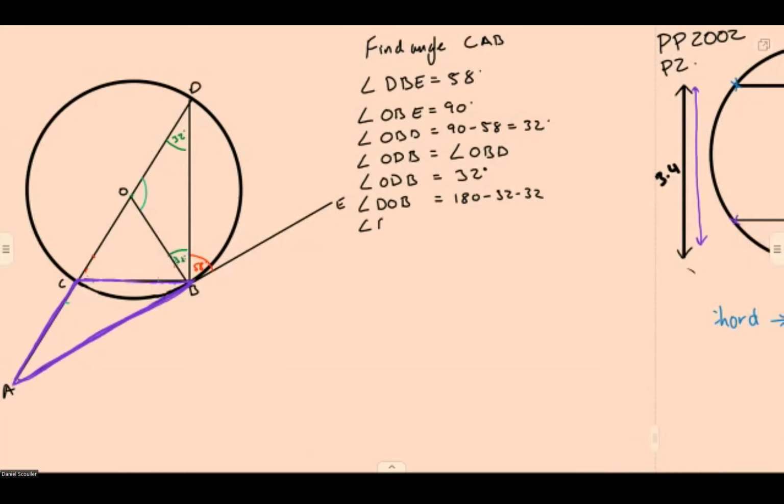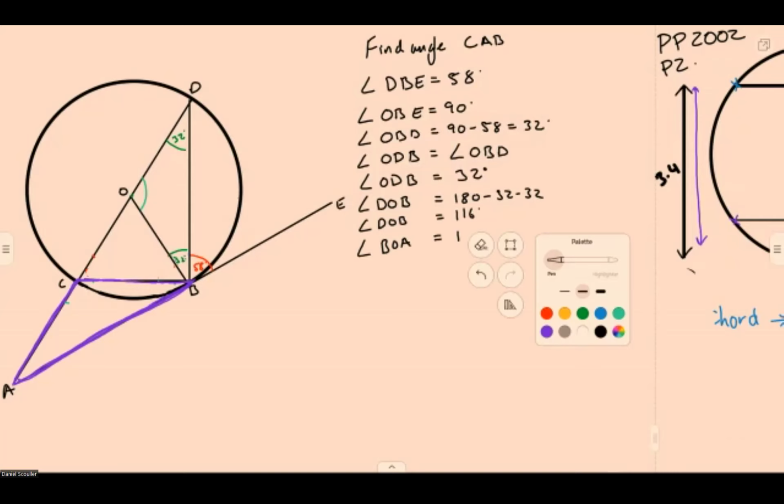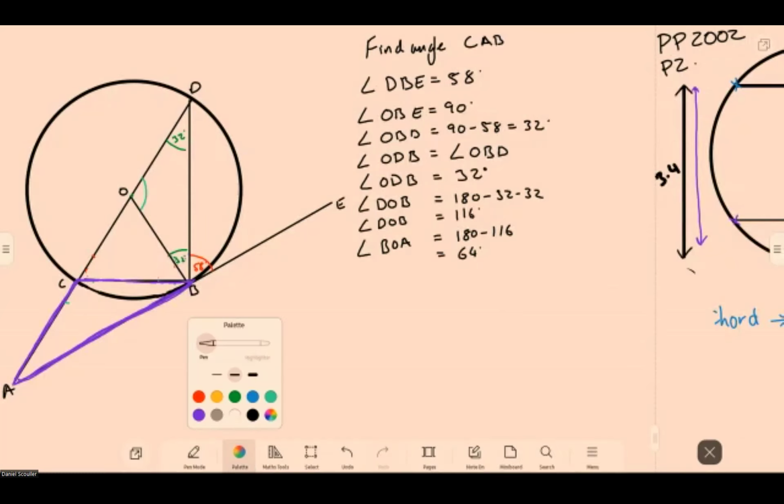So angle DOB is equal to 116. And that allows you to find angle BOA, which would be 180 minus 116, is 64 degrees. So let's just draw in what I've done there. BOD, or DOB, whatever you want to call it, is 116.